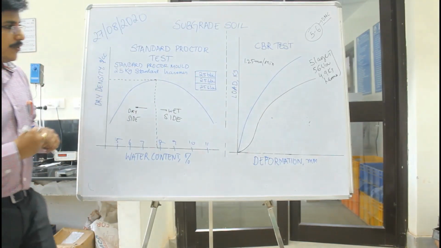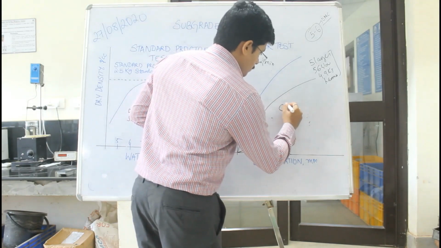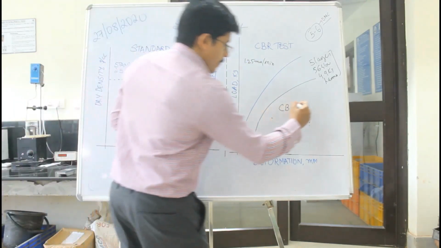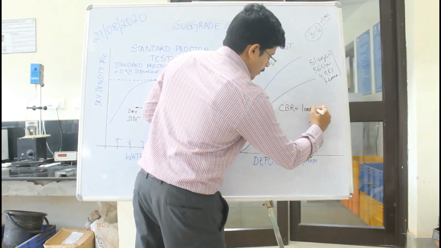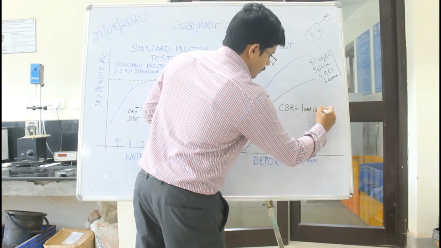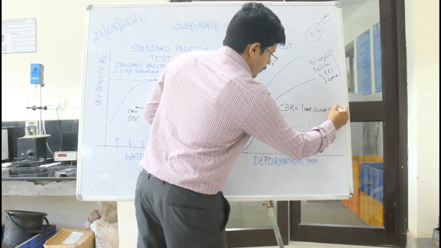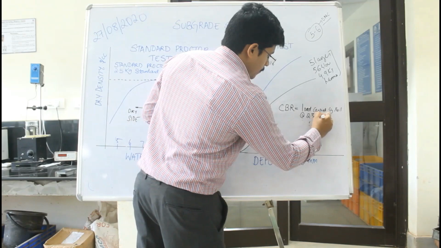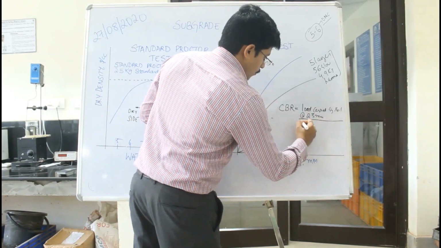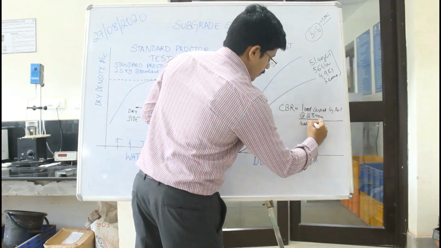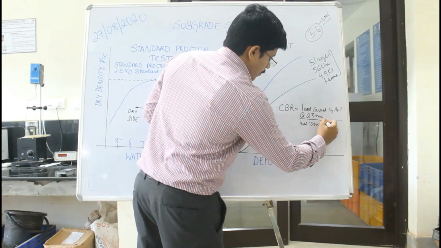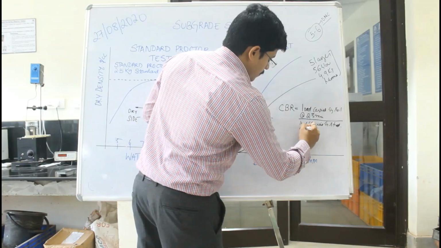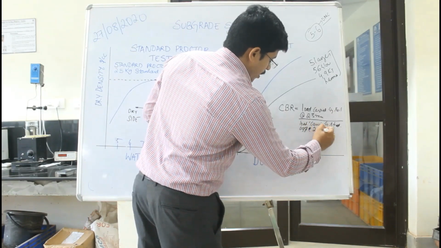Basically, CBR is a ratio of the load carried by the soil at 2.5 mm penetration divided by the load carried by standard aggregates at the same 2.5 mm penetration.